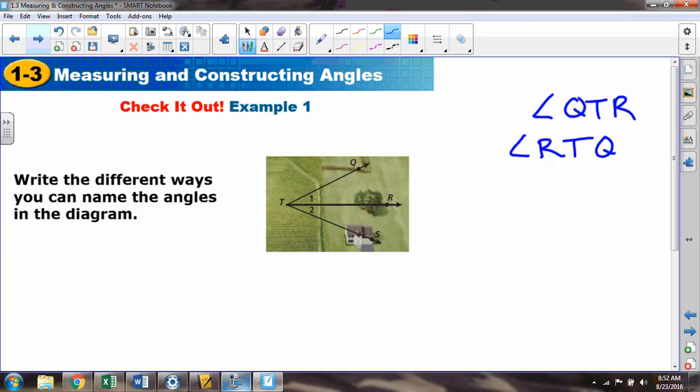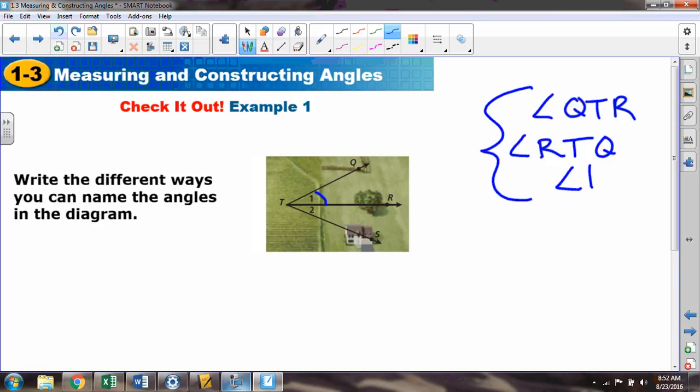So this would not be considered two different angles. We'll also note that this one, because they've got the number there, we could also simply say that's angle 1. All three of these things are referring to that angle. Three different correct names for that one.